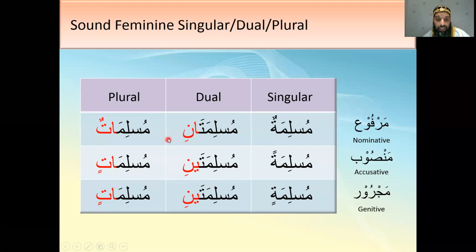Anyone will do. Look, the disbeliever dual male is kafirani. The feminine is kafiratani because the ta marbuta has opened up. That's how I explain it.